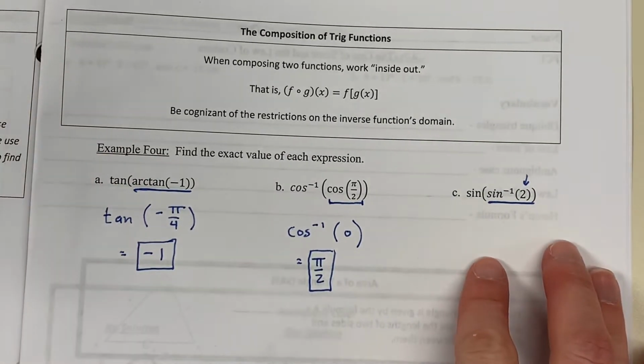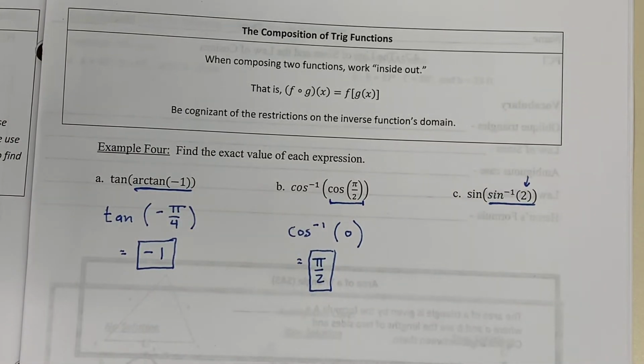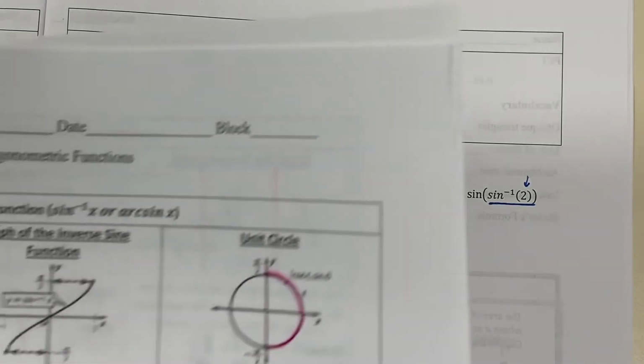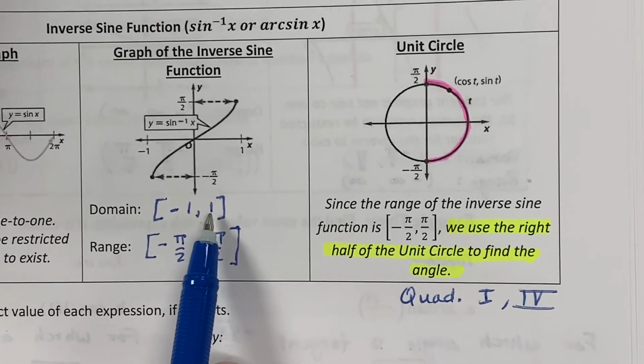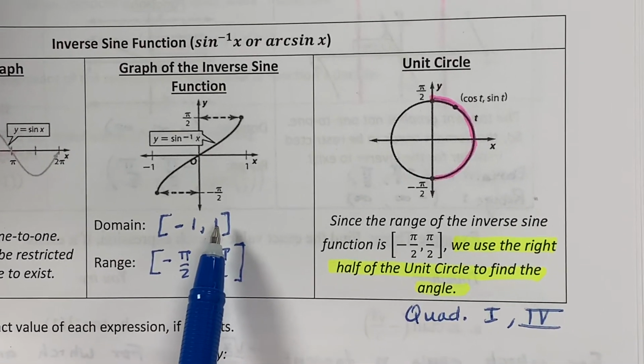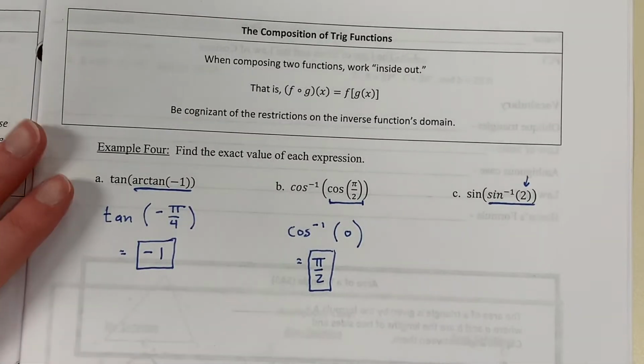Now, if you go back to our sine inverse curve, okay, I'm going to flip back a page. The domain for sine inverse is -1 to 1. 2 does not fall within the domain, therefore no solution exists.